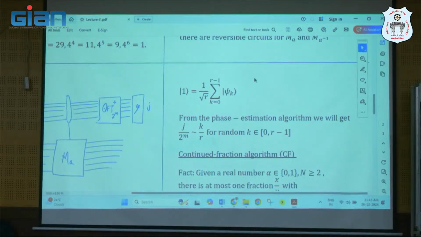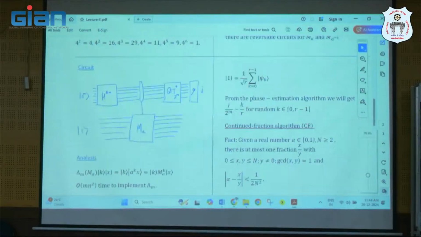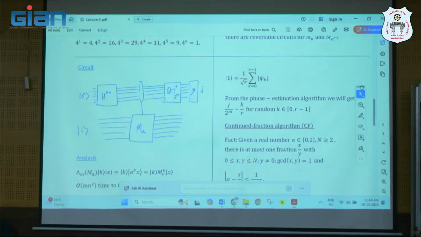Now what happens? Once we are feeding Ket 1 here, the effect is that we are randomly feeding a psi k here for random k. This we will do more formally later on.